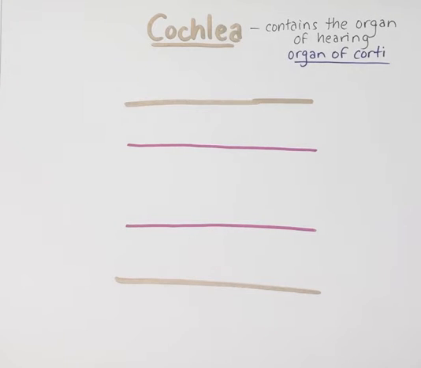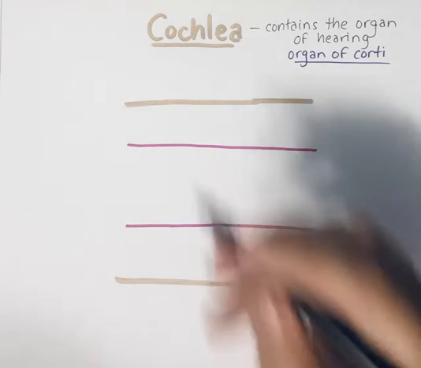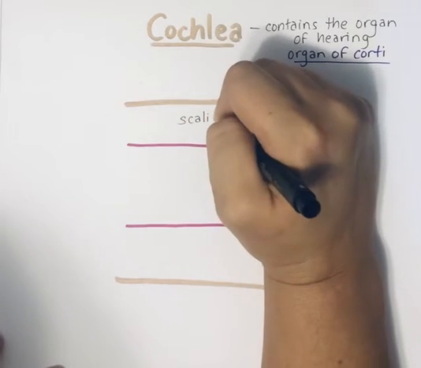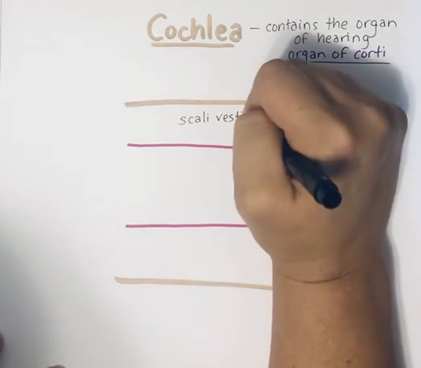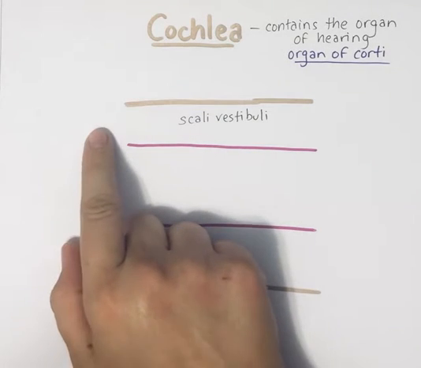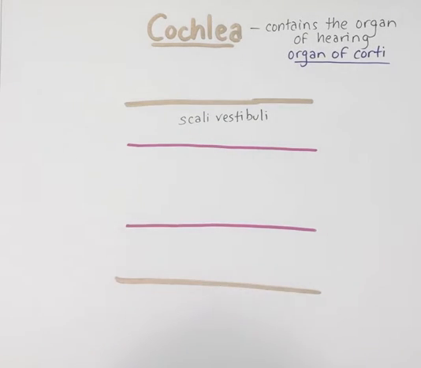So when we talk about the scala vestibule, the scala vestibule is literally going to be connected to the stapes.